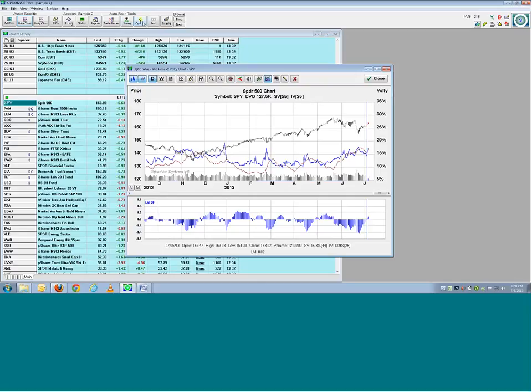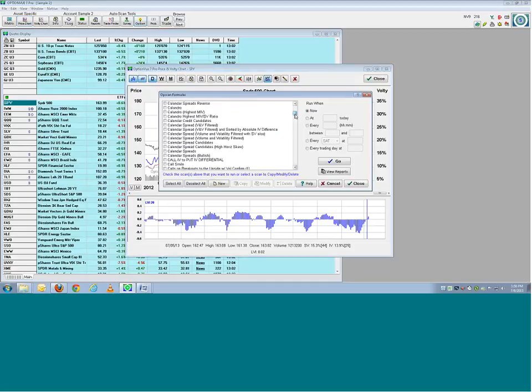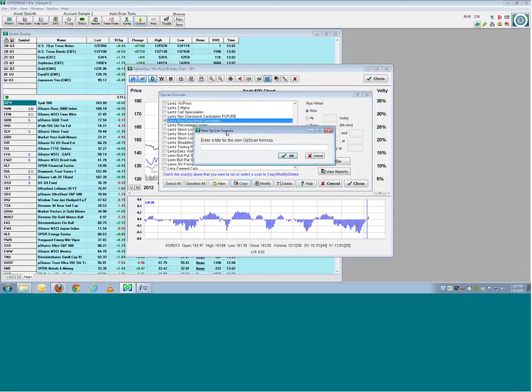Now, let me show you here. I'm going to take Jerry's suggestion, and I'm going to copy this and redo the sort line for him. So I'm going to call this Lentz non-directional 2.